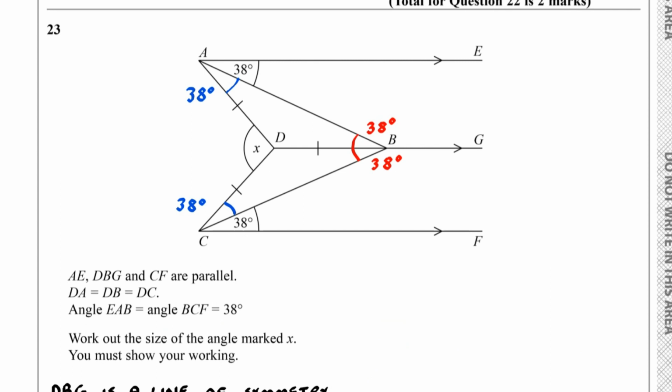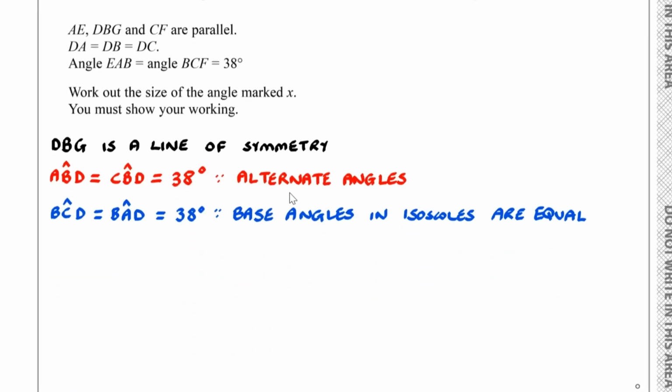And now we can find out what this angle is, which is also equal to this angle. So the angle ADB is equal to the angle CDB, which is equal to 180 subtract 2 times by 38, which is 104 degrees.